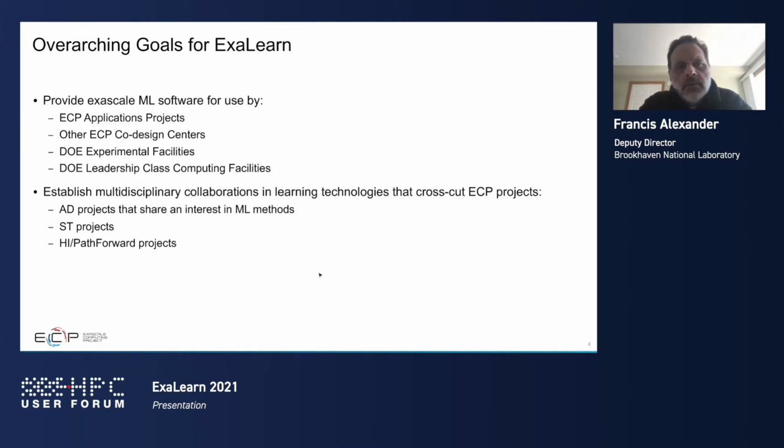We're also interacting with a variety of the DOE experimental facilities. These include light sources and nuclear physics experiments, nano centers, and so on, as well as leadership class computing facilities. So it's machine learning and AI, both benefiting high performance computing and benefiting from high performance computing.